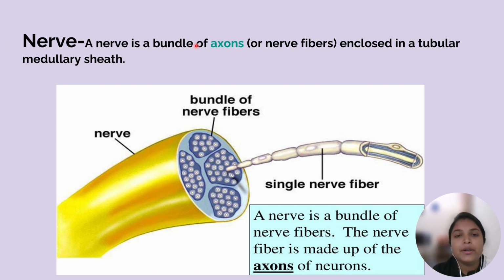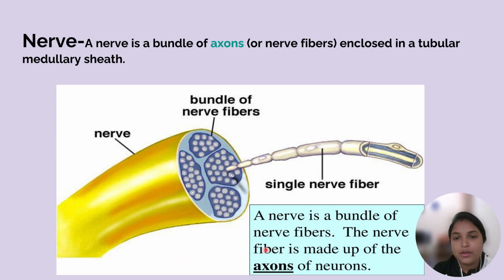So a nerve is a bundle of axons or nerve fibers that is enclosed in a tubular medullary sheath. This is the tubular medullary sheath, the outer covering that you see here. We call it the medullary sheath, that helps in the intermixing of the impulses or the messages arising from one neuron to another.